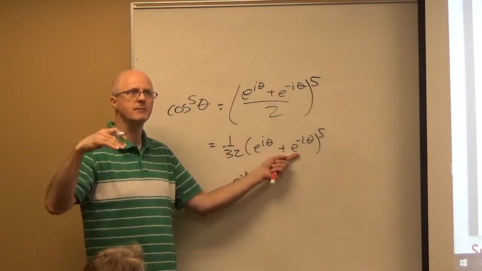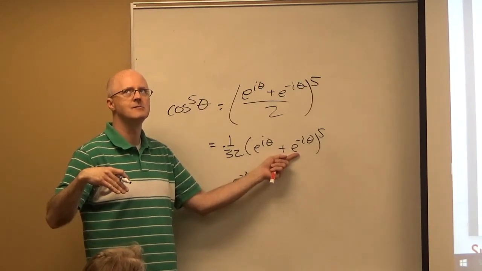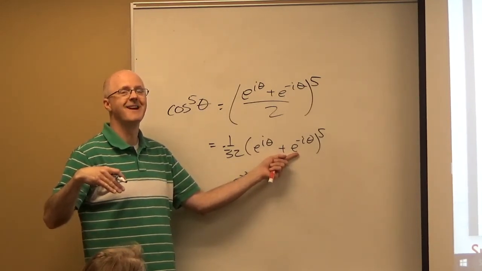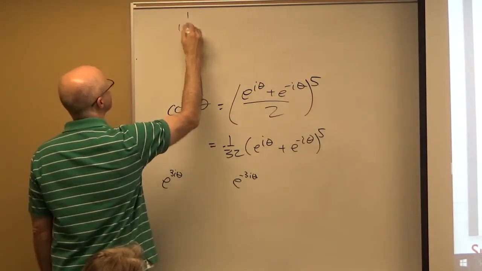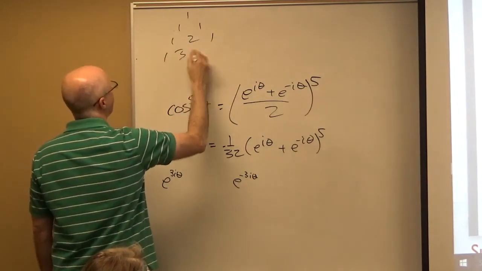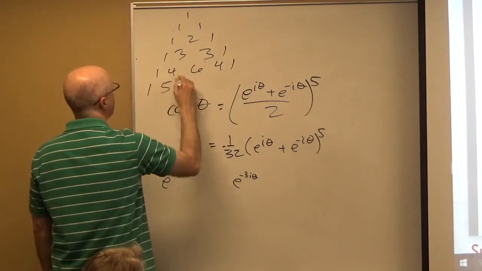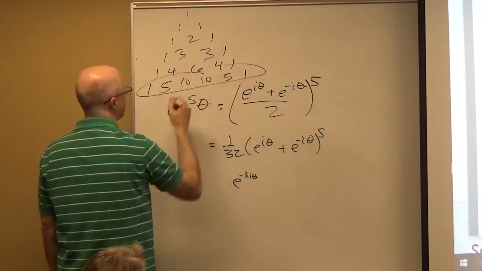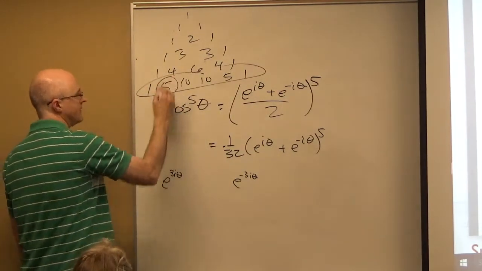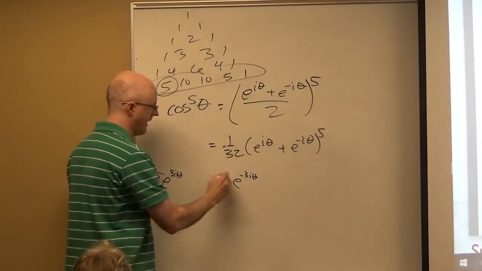Let's see, what row would it be? The coefficient would be 5. I guess I better write it down. Yeah, that's the row with raising to the 5th power. There's your coefficient. So you're going to get one of these here and another one there.